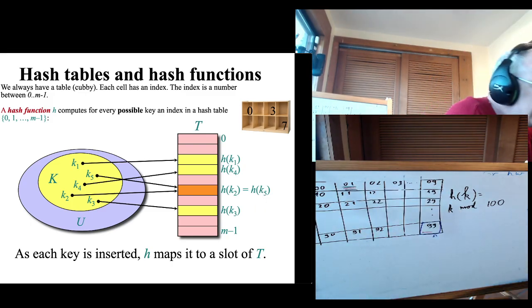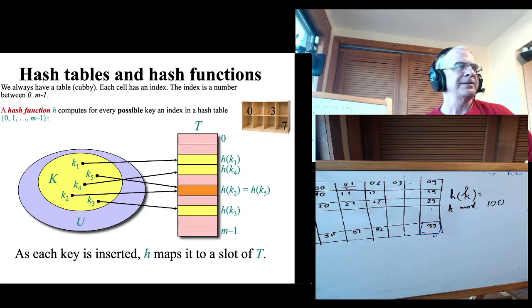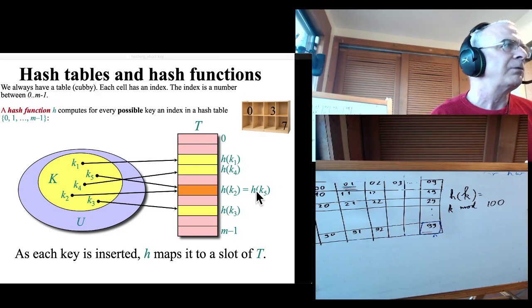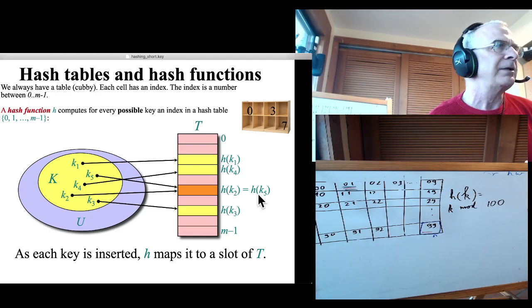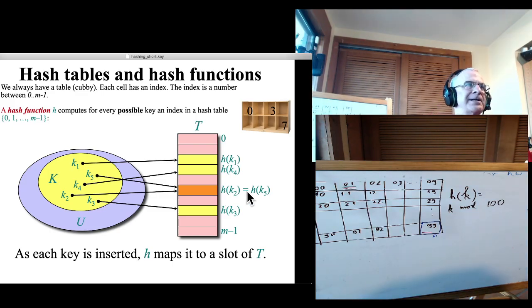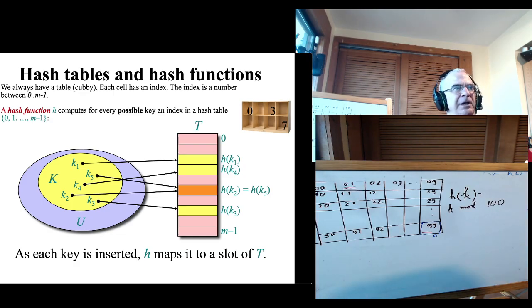So collisions are not accidents in a hash table. What happens when we have two keys, k1 and k2, that are mapped into the same cell? Collisions happen all the time. It's fine. We just need to handle them, and we need to see a few methods that will help us handle collisions. However, it would be completely unrealistic to expect that collisions don't happen at all.